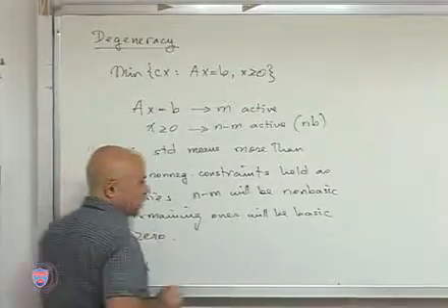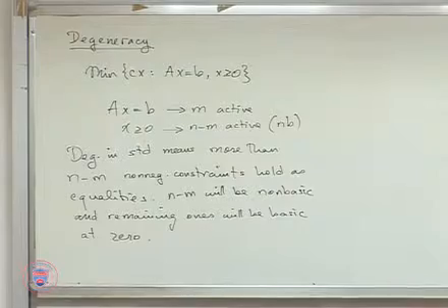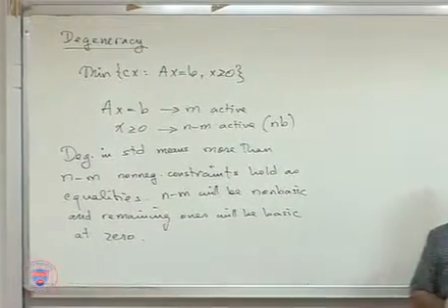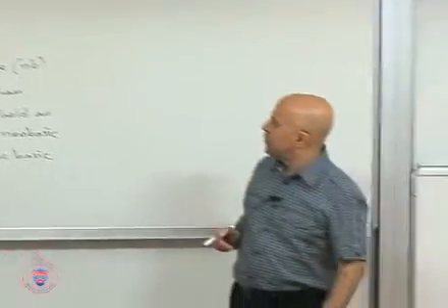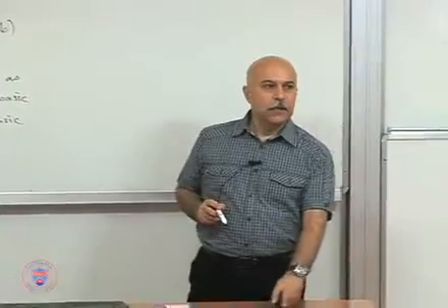So n minus m will be non-basic. The remaining ones will be 0, but they will be basic. This will occur in the simplex method when you have a tie for the minimum ratio.